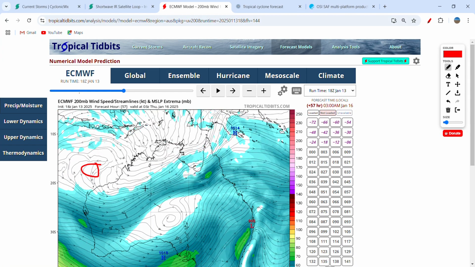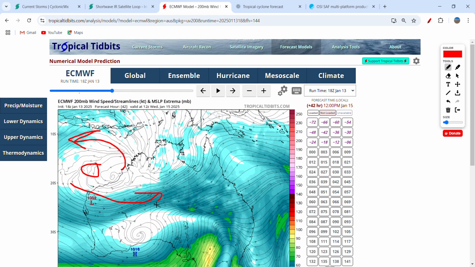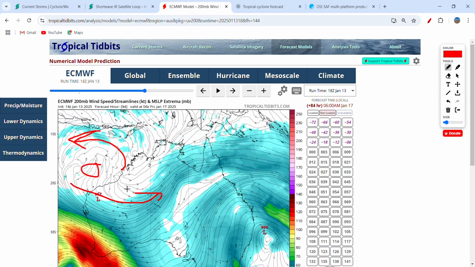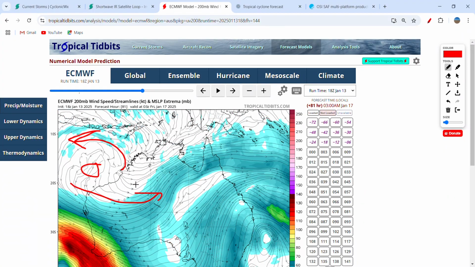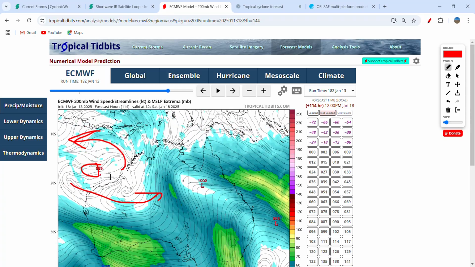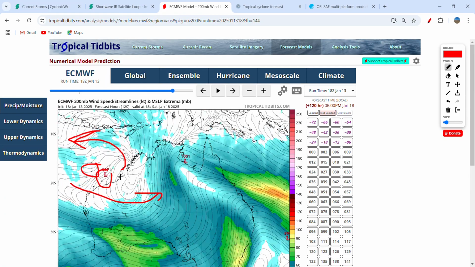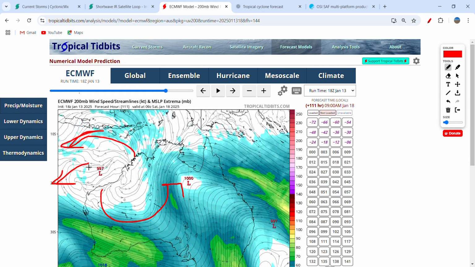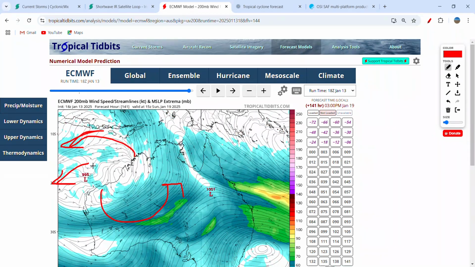is generally favourable. We're seeing broad upper level anticyclonic flow that's embedded within. So overall, in terms of the upper level 200 millibar flow, it's fairly conducive: weak upper flow, broadly divergent. So it will be able to benefit from this in that regard.